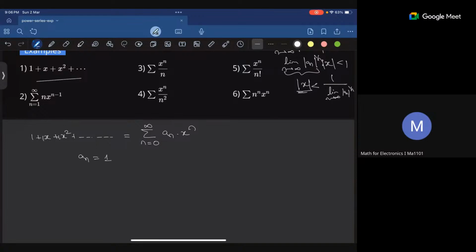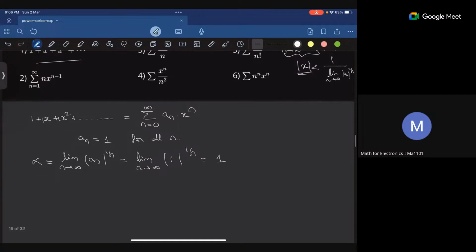So a_n is 1 for all n. Therefore, alpha, the limit as n tends to infinity of mod a_n whole power 1 by n, will simply be the limit of 1 power 1 by n, which will give 1.